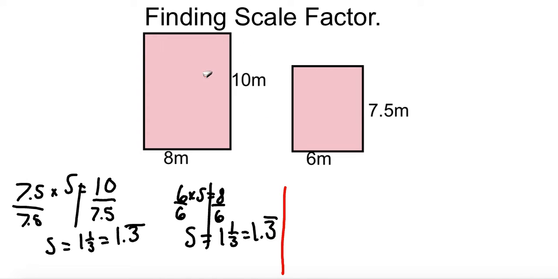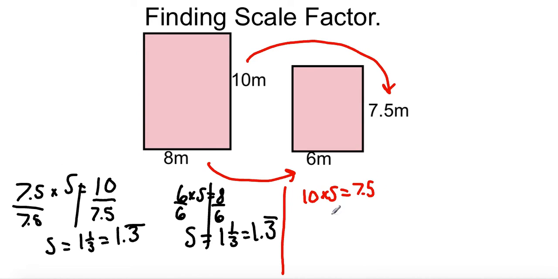And now we're going from a large figure to a small figure. So I'm going to multiply 10 by a number to get to 7.5, and 8 by a number to get to 6 meters. So I'm going to multiply 10 times a number, my scale factor, equaling 7.5.